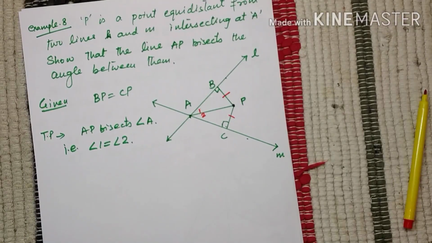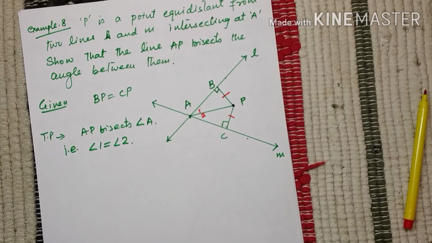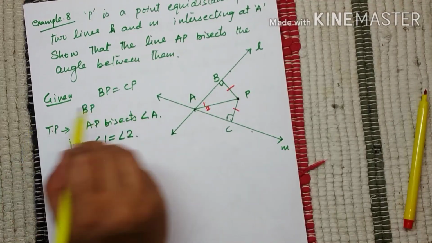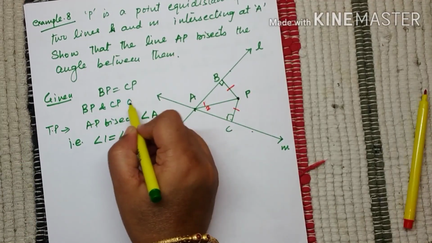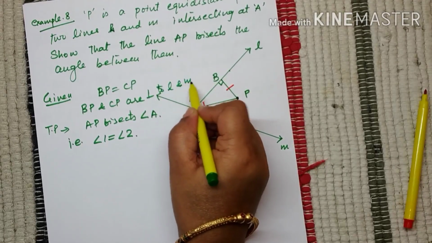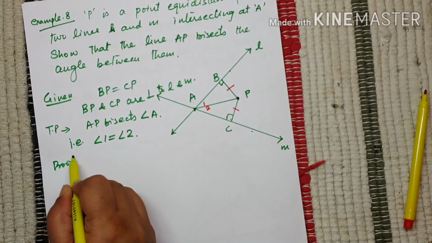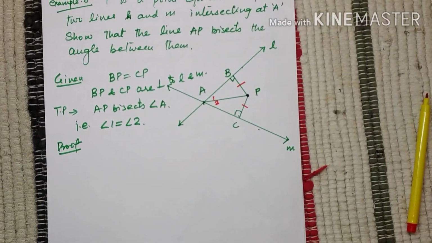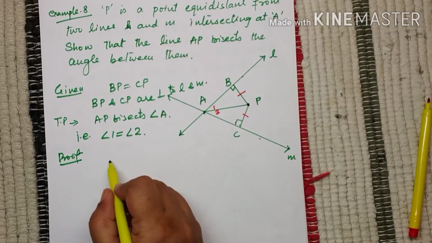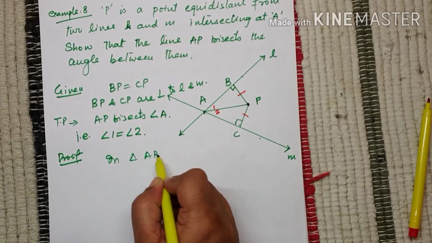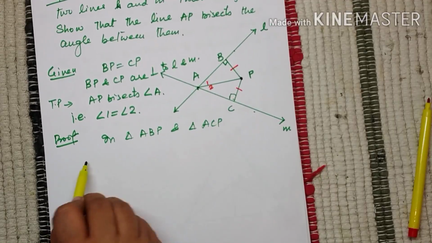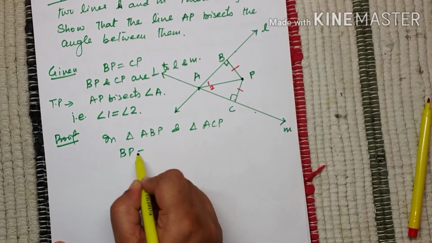In order to prove angle 1 equal to angle 2, what do we do here? See here, BP and CP are perpendiculars to L and M. Proof. Equidistant means always the perpendicular distance. They are equal. So in triangle ABP and triangle ACP, I have BP equal to CP given.